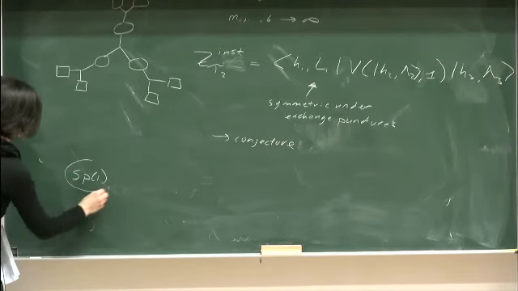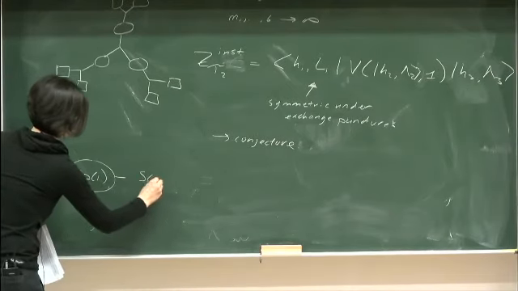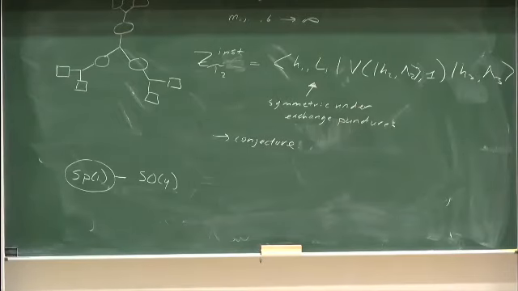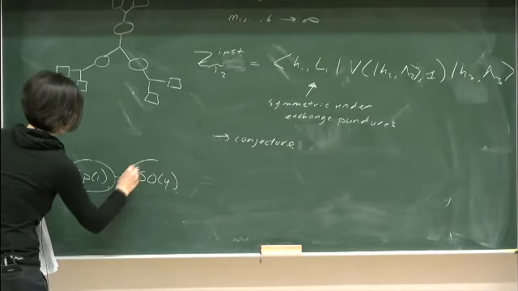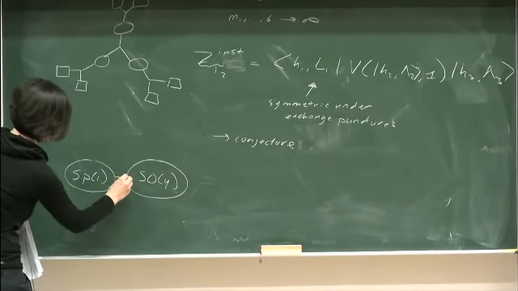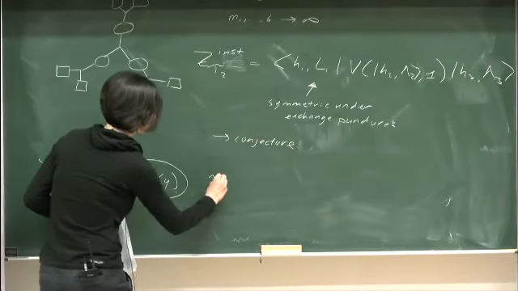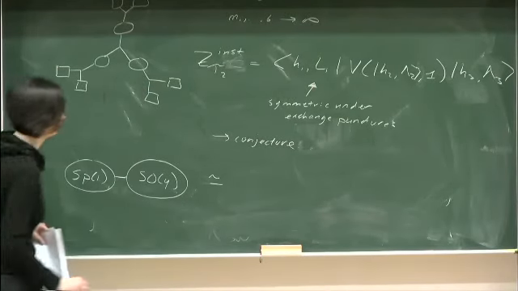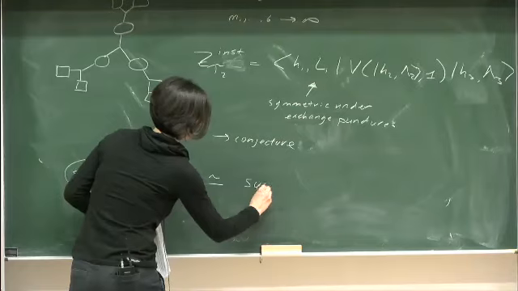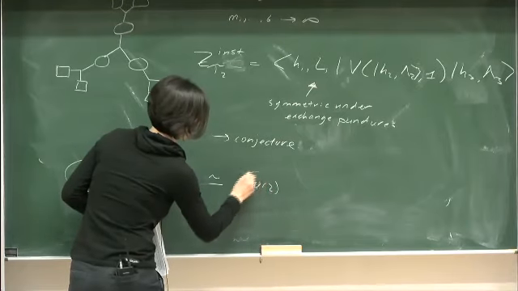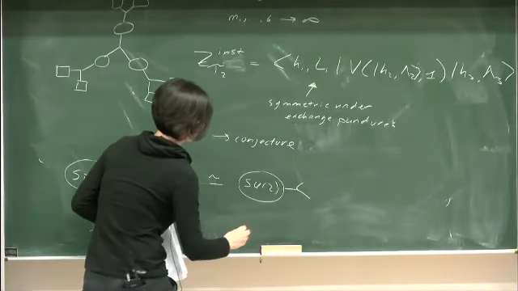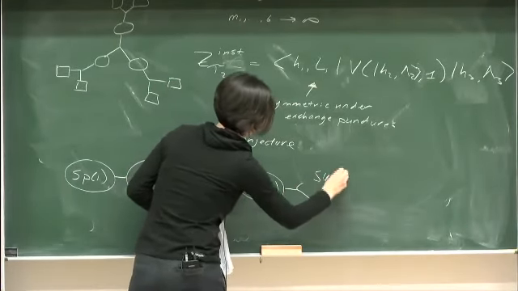So we can instead consider a linear quiver that consists of two gauge groups, the SP1 gauge group and the SO4 gauge group, which are coupled by a bifundamental, because this gauge theory is equivalent to this T2 block, since SO4 splits as SU2 times SU2.